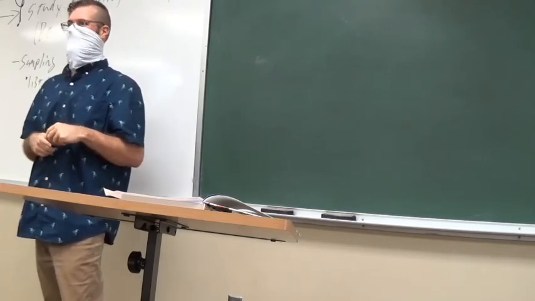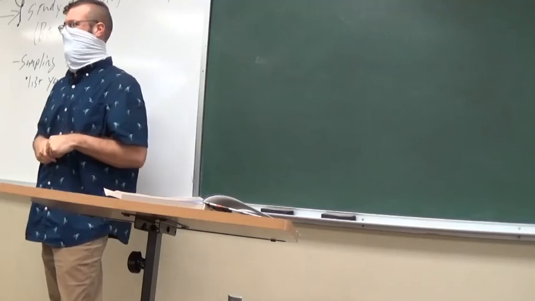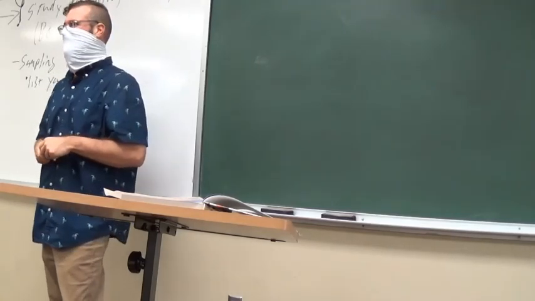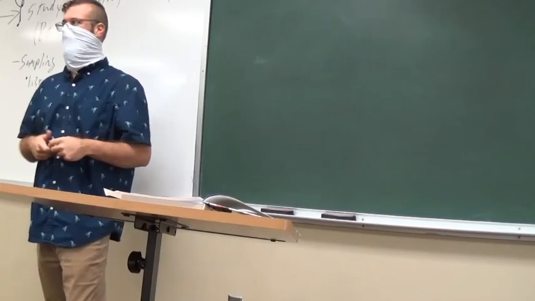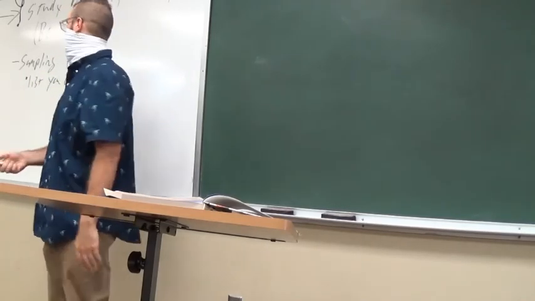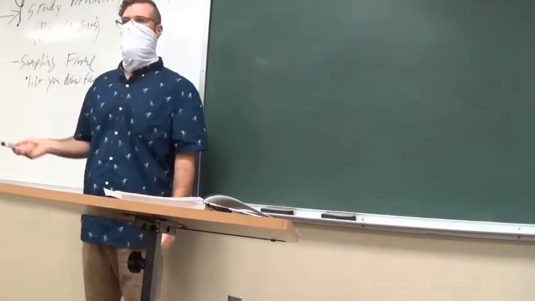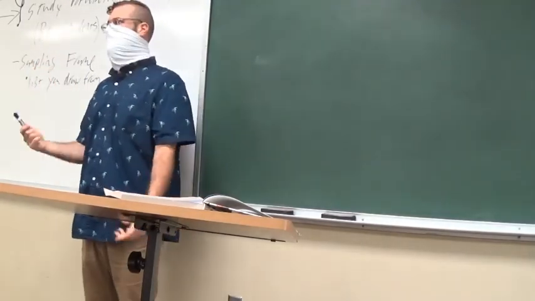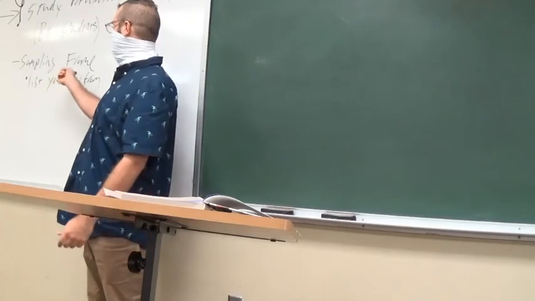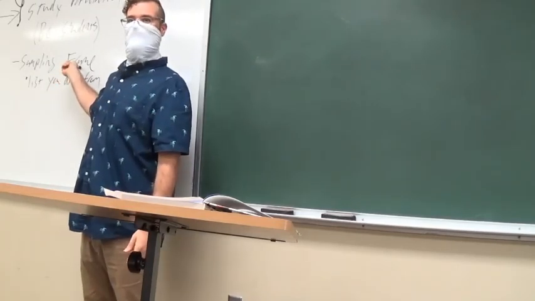People who own landlines. Who owns a landline? Old people, basically. If you're under the age of 40, there's a good chance you're not going to be selected. A lot of polls that you'll see on the news still use that as a sampling frame. That's probably going to lead to some really bad results.